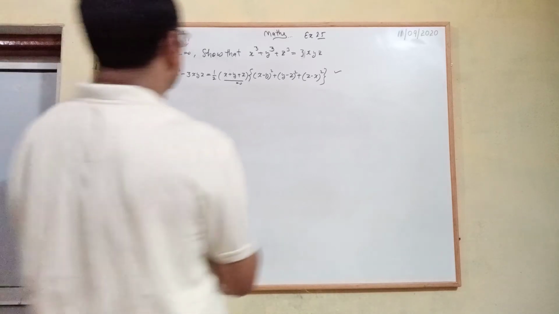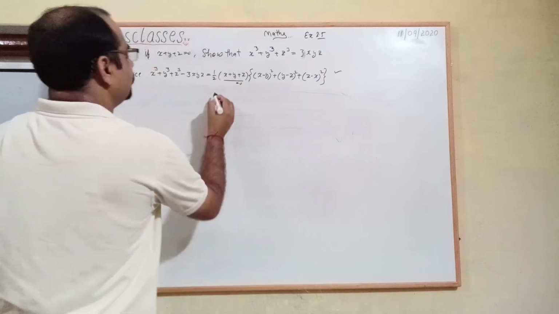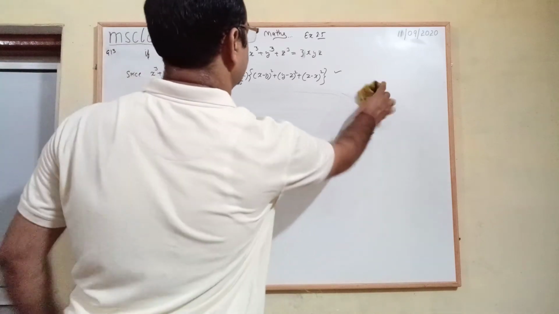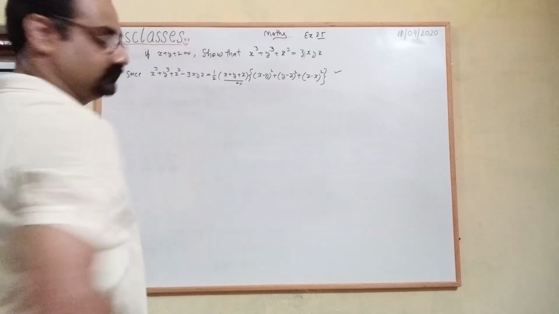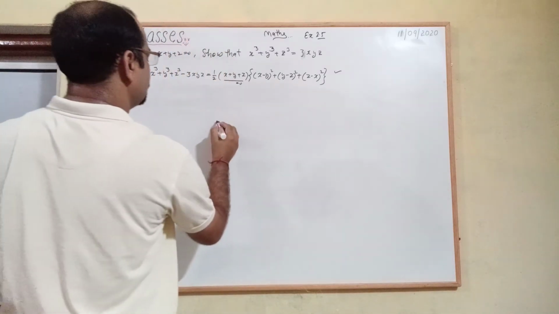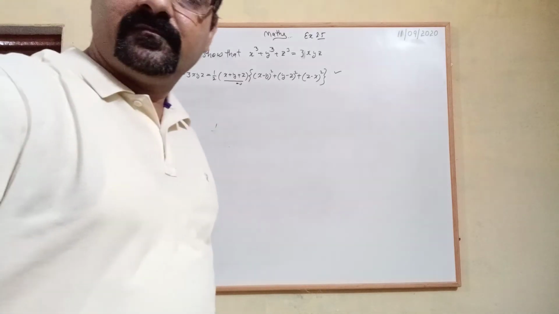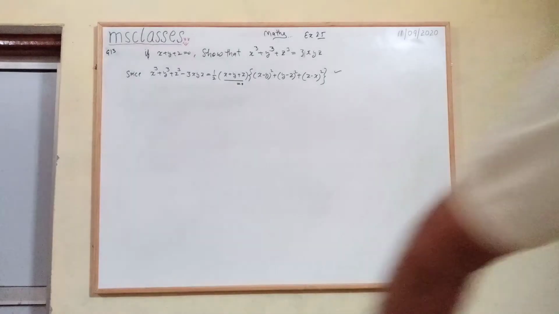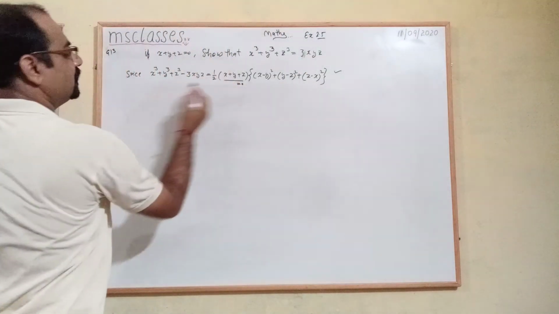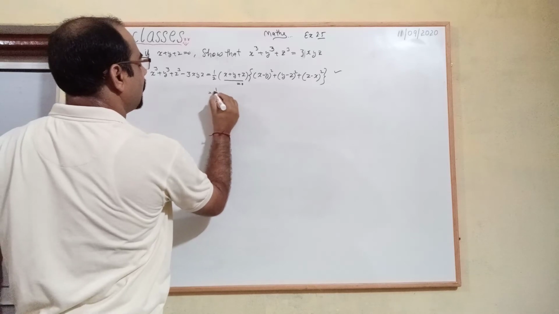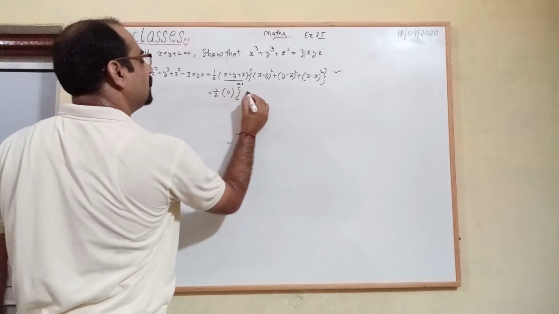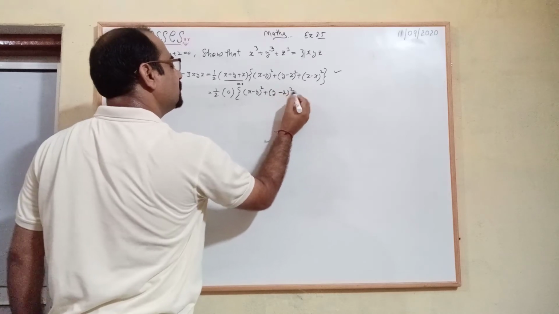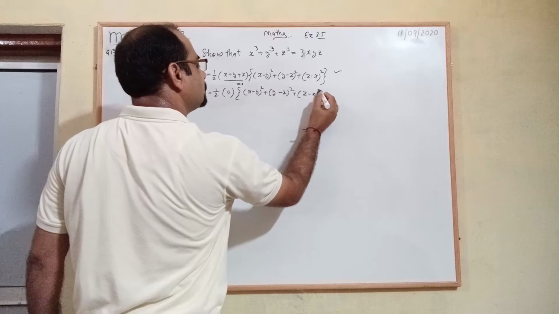your question, this is equal to half. Here x plus y plus z is equal to 0, then here the second part is half of 0 into the whole of this one: x minus y square plus y minus z square plus z minus x whole square.